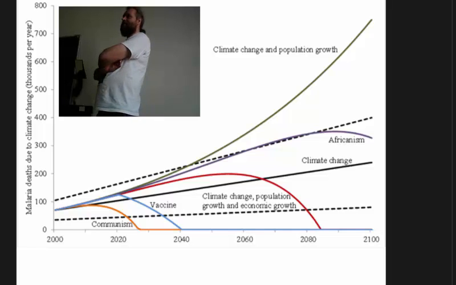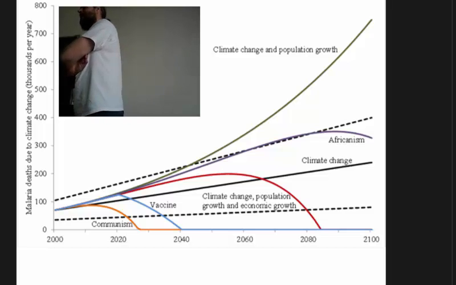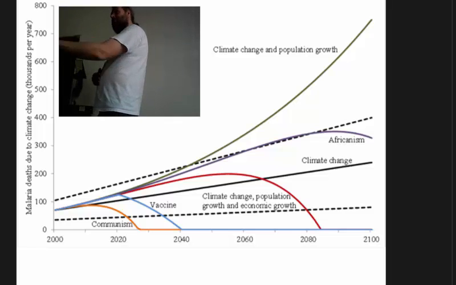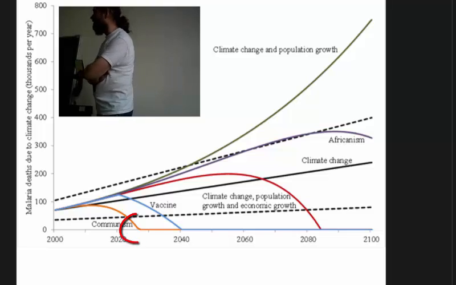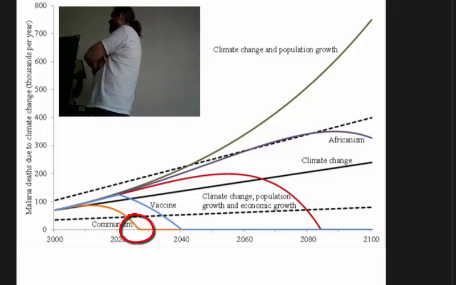In communist countries, for their level of income, tend to spend much more on public health care than do capitalist countries. And if the whole world were to adopt a Cuban pattern of spending, then we would end up in the orange curve, and malaria would be eradicated much sooner.